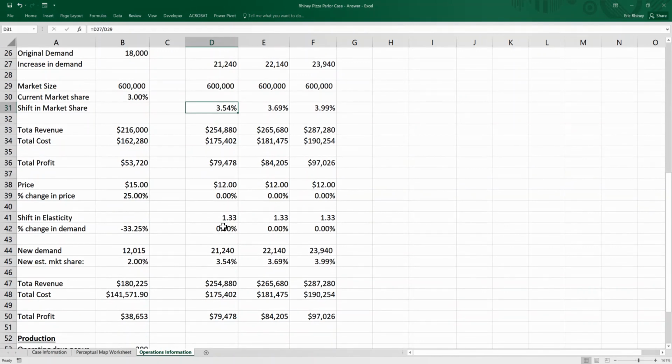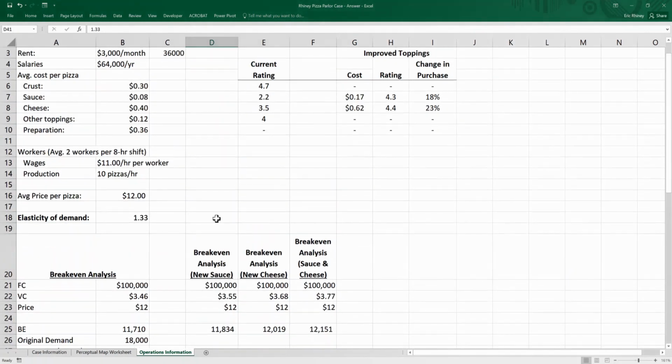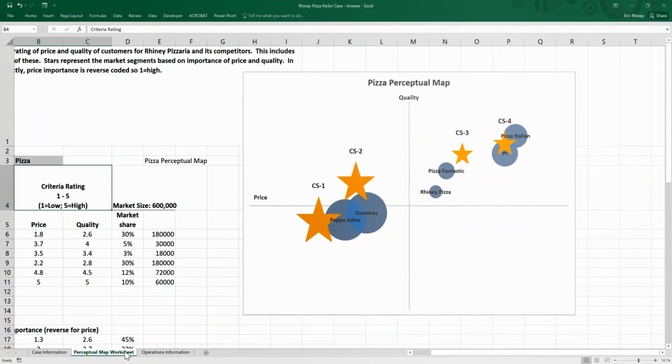Okay, here we still have our elasticity of demand, and we could still change our elasticity and see what it might do in terms of our profitability the same way we did over here. One of the things I added here is a shift in elasticity. So by changing the sauce, increasing the quality of the sauce, what we might end up doing is shifting from here over to this segment.